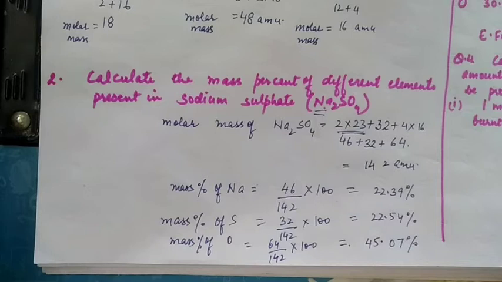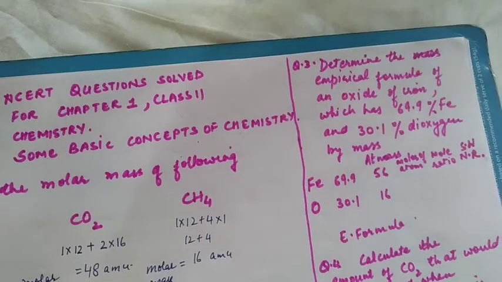Similarly, mass percent of sulfur will be mass of sulfur 32 upon 142 into 100. And last is mass of oxygen. Mass percent of oxygen is equal to 64 upon 142 into 100.